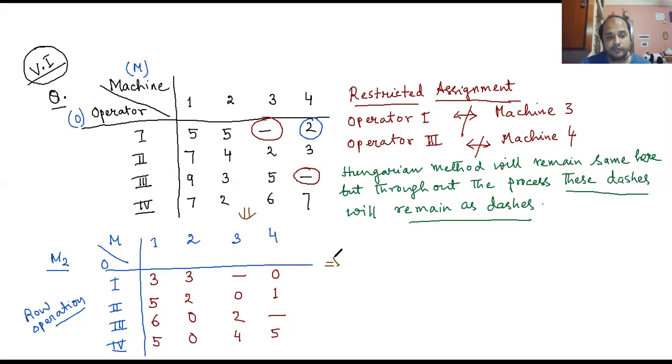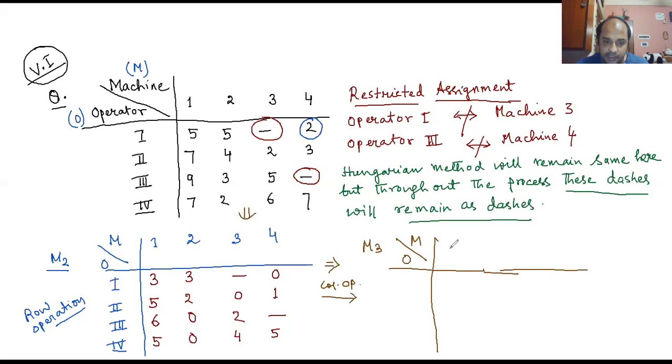Then if you want to perform the column operation, let me show you another column operation. Let me show this particular part. We have this 1, 2, 3, 4, and we have operators 1, 2, 3, and 4.